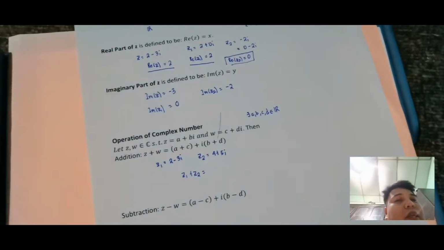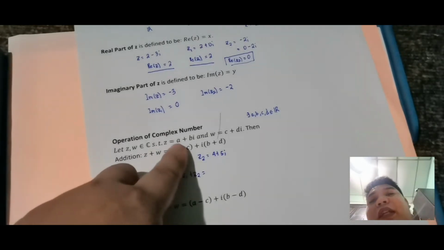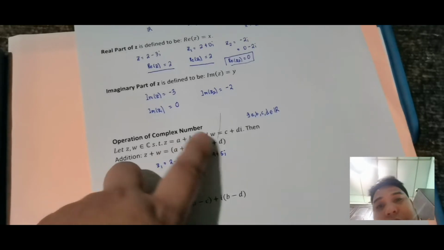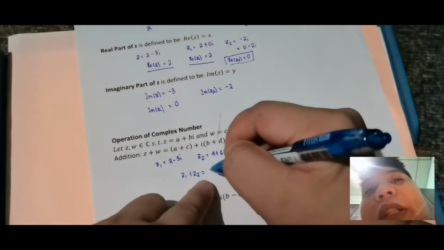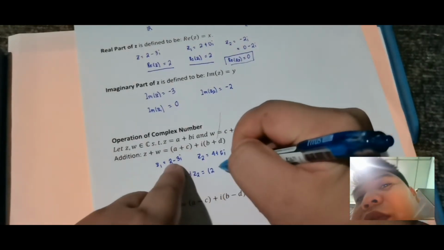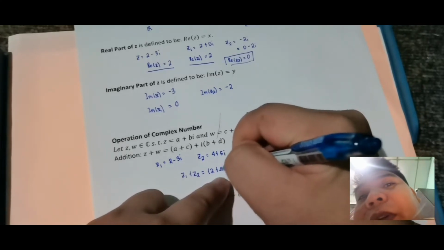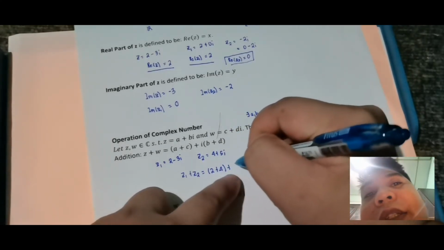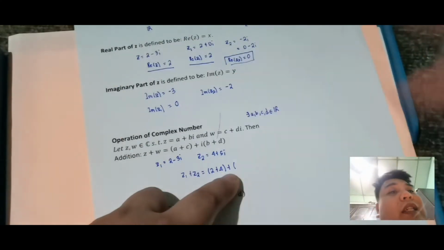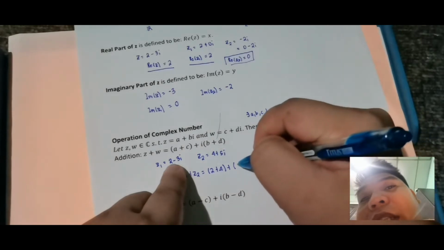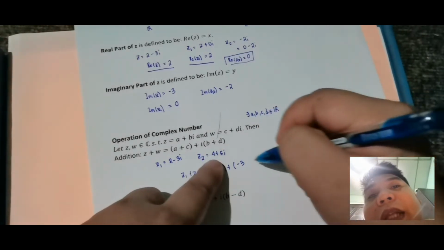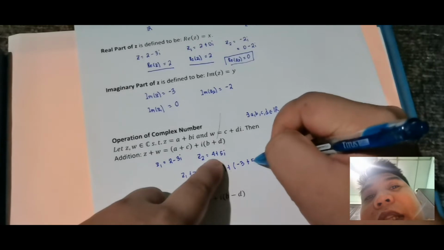What does the formula say? Add a and c. a represents the real part of z, and c represents the real part of w. So I add the real part of z sub 1 to the real part of z sub 2: 2 plus 4. Then plus, for the meantime I haven't put the i in front since there are numbers involved, the imaginary part of z sub 1 is negative 3, plus the imaginary part of z sub 2, that is 5.